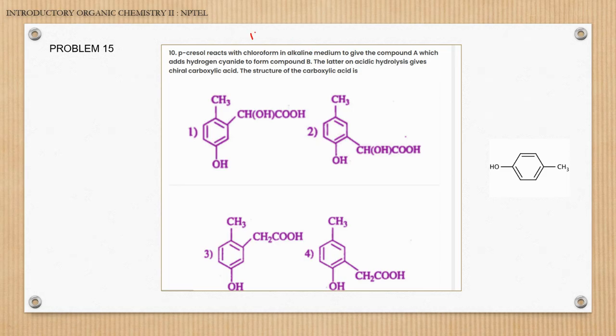First of all, this paracresol is reacting with chloroform in alkaline medium. Alkaline medium means basically KOH or NaOH, basic medium.